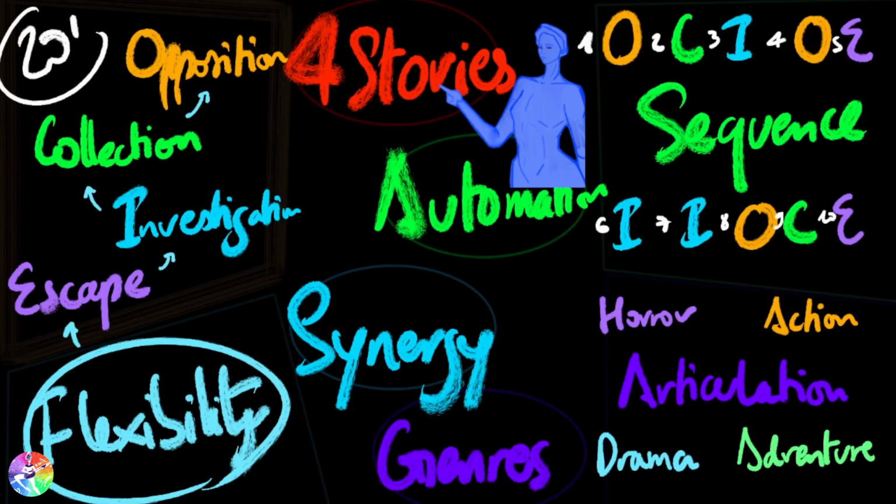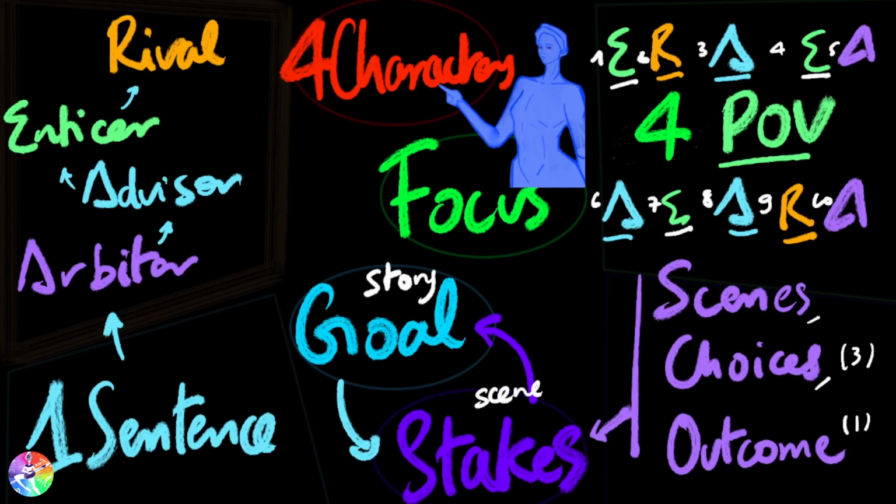There are people who will resonate more with opposition, people who will resonate more with collection, others with investigation, others with escape. For the 4 character types, there are people who will love rivals, others who will love enticers, others who will absolutely feel a connection with your advisor type of character, others with your arbiter type of character, because it all depends on the goal of the character and the goal of the reader.